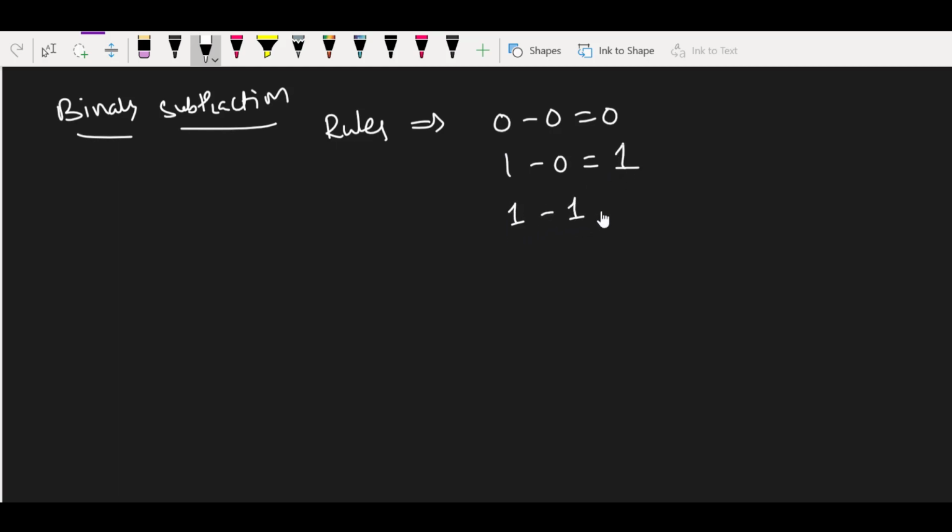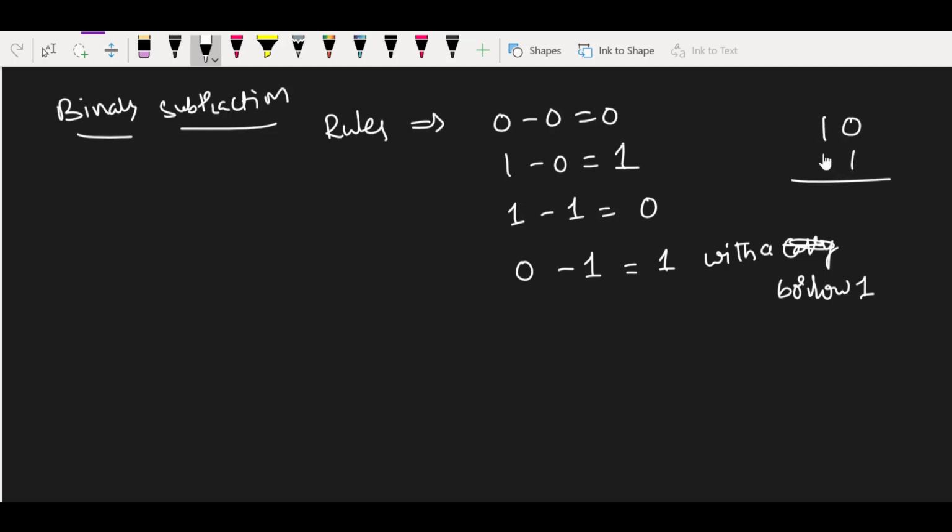And 1 minus 1 will be 0. 0 minus 1 will be 1 with a borrow 1. It means when you want to, let's take 1 0 minus 0 1.